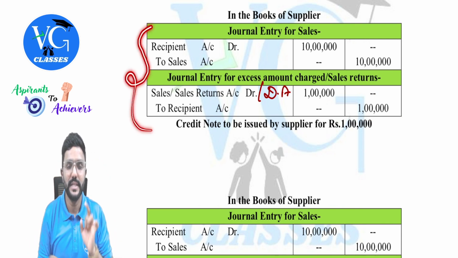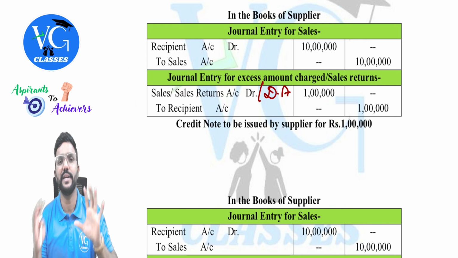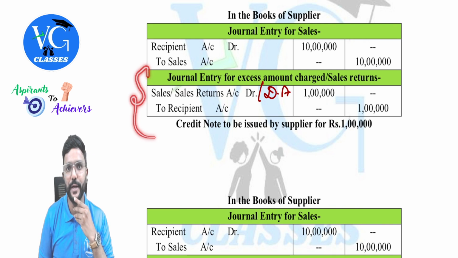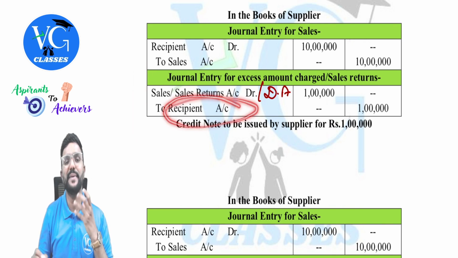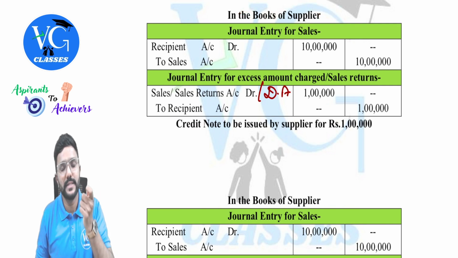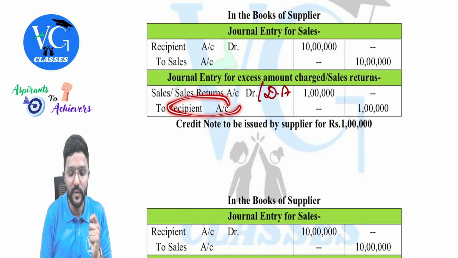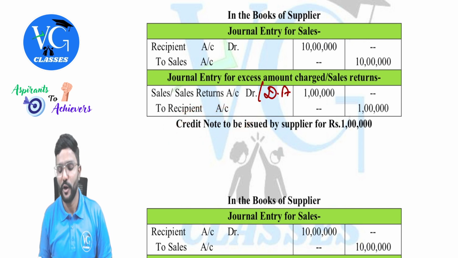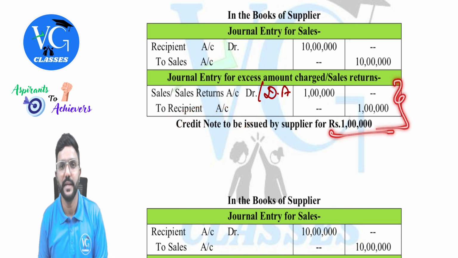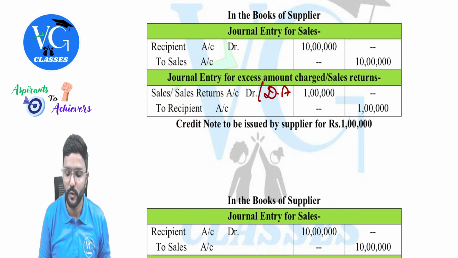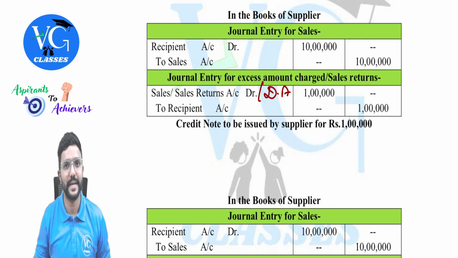So in my books, the recipient's net debit balance is only 9 lakh. For this entry, what did I do? I gave credit to the recipient's account in my books. Who am I? Supplier. So when in the supplier's books the recipient account is credited, we issue a credit note. For how much? 1 lakh. Accordingly, the supplier has to issue a credit note to whom? To the recipient for 1 lakh.